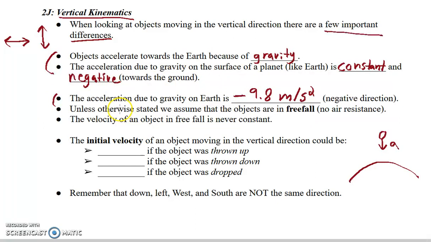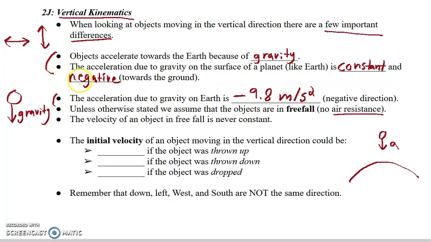It's also important to keep in mind that unless otherwise stated, we're going to assume objects are in free fall. What that means is we're only concerned with the effect of gravity on them, not air resistance. Air resistance basically slows how fast objects accelerate downwards, and it changes depending on the properties of the object; certain objects have more air resistance than others.